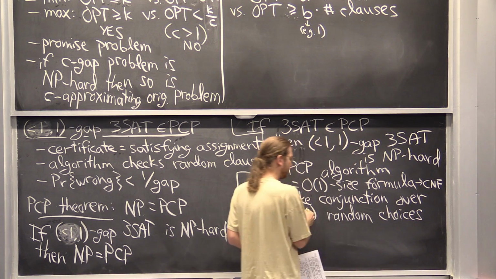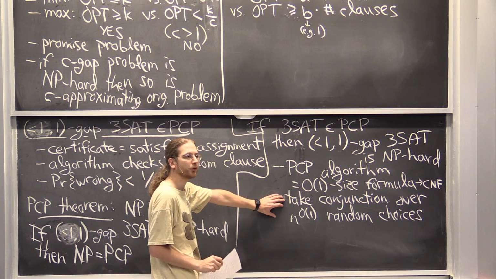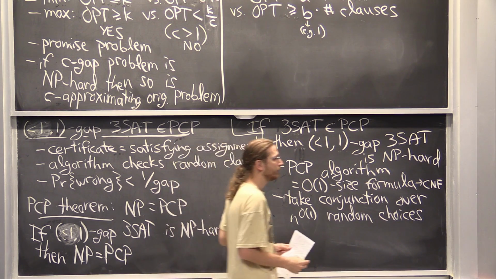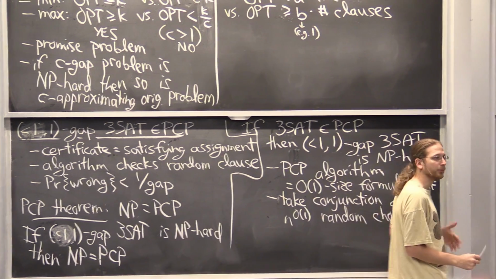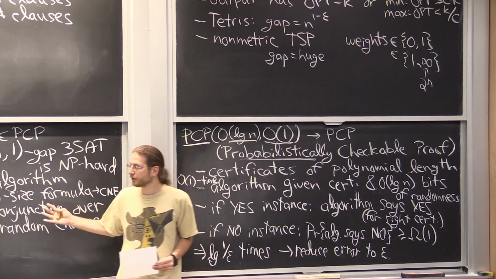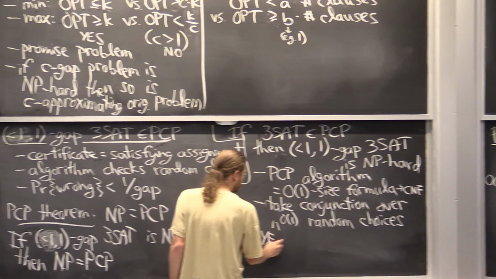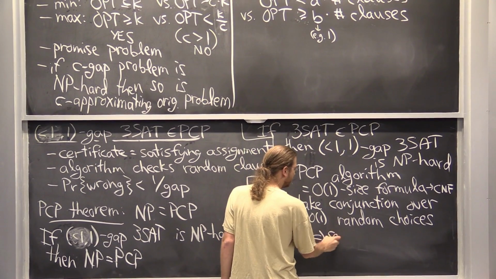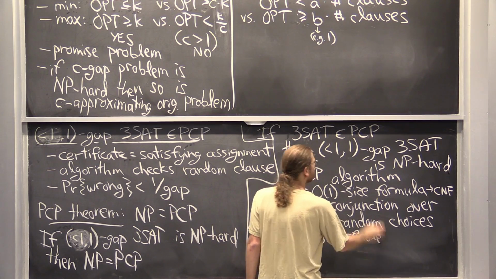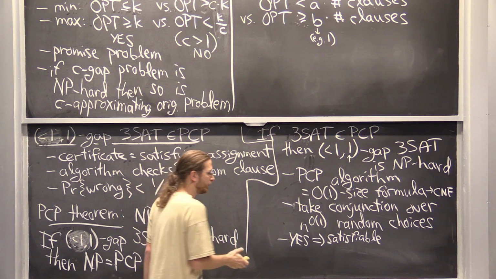It's order log n, so it's n to some constant. And I want to take this formula, take the conjunction over all of those choices. If the algorithm always says yes, then this formula will be satisfiable. So in the yes instance case, I get a satisfiable formula. So yes implies satisfiable, 100% satisfiable. That corresponds to this number. I want it to be 100% in the yes case.